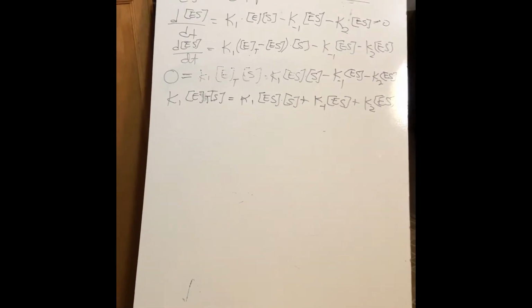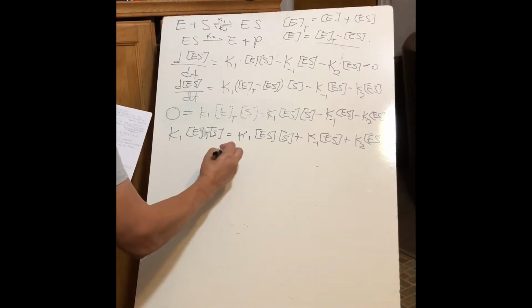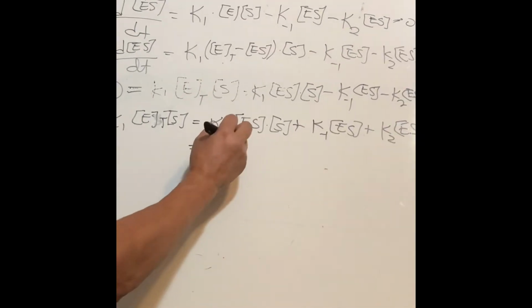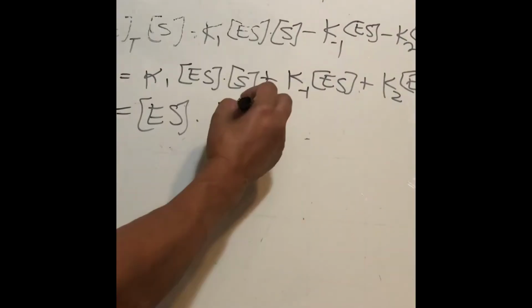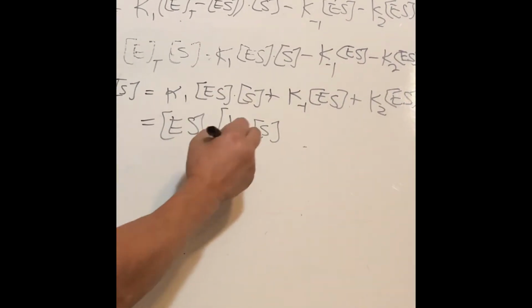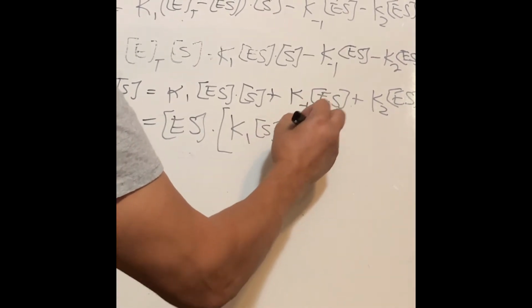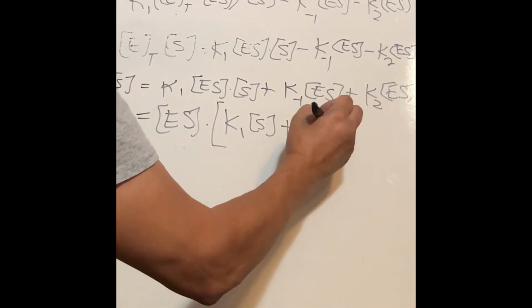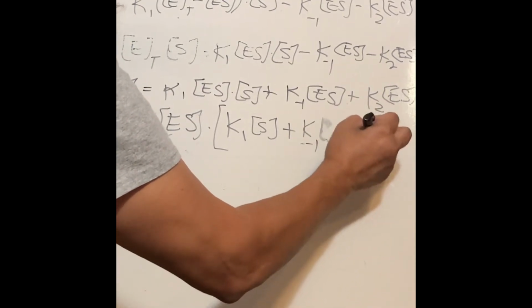We can then factor out the enzyme substrate, and we get ES times K1 concentration of substrate plus K negative 1 plus K2.